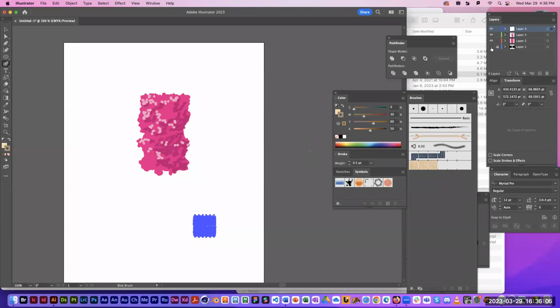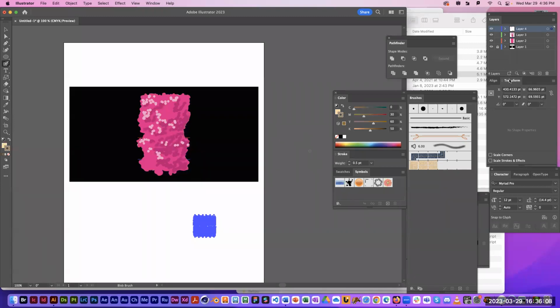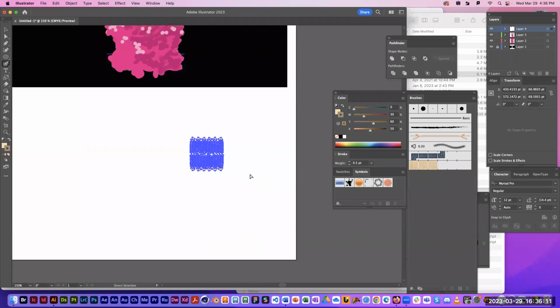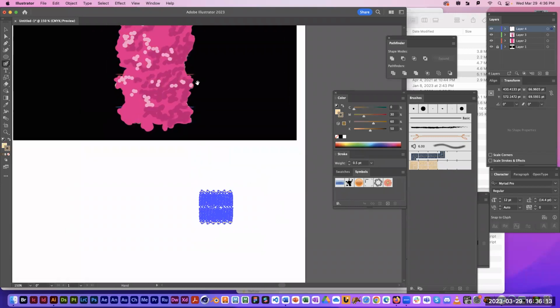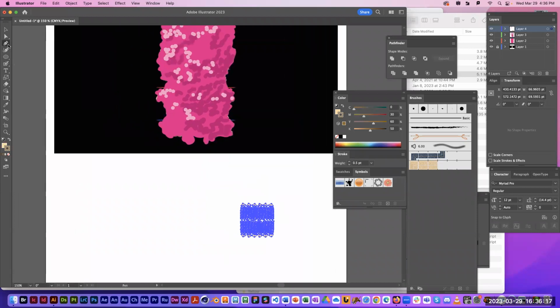And let me just turn my reference image on again. I can see where the red and blue balls are located. So I know my cell membrane is going to be kind of in here somewhere.